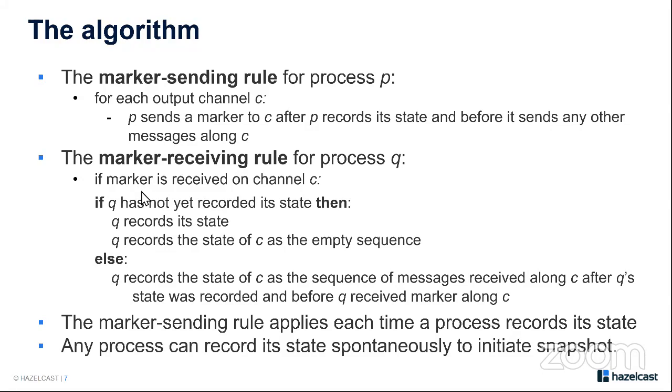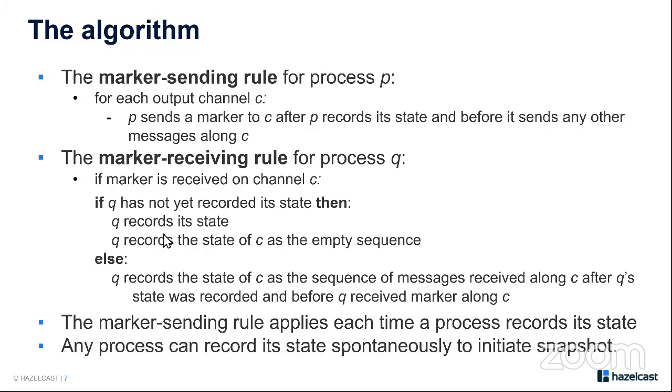So when a process receives a marker, if it has not yet recorded its state, then it records its state now. It's required to record its state when receiving the marker, and it records the state of channel C as the empty sequence. Here we see that the processes are recording the state of the channels, not the channels themselves. So we record the items that we receive.